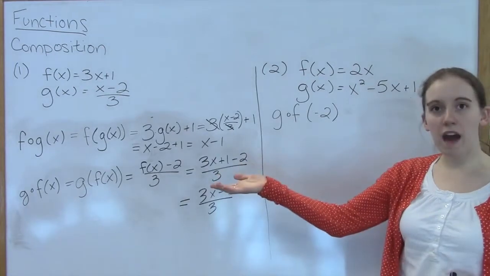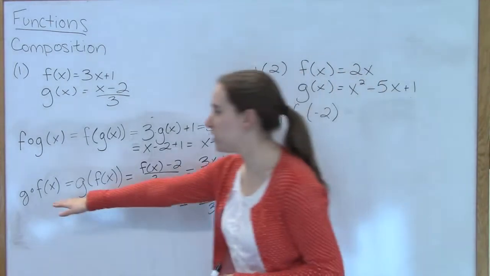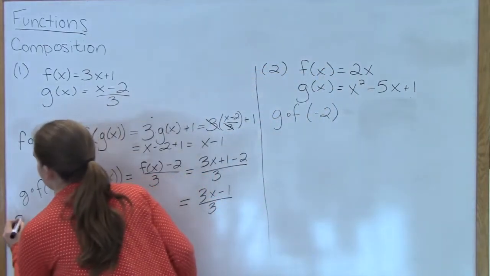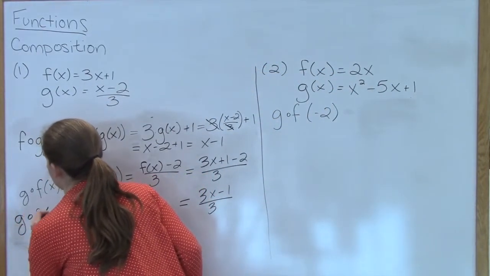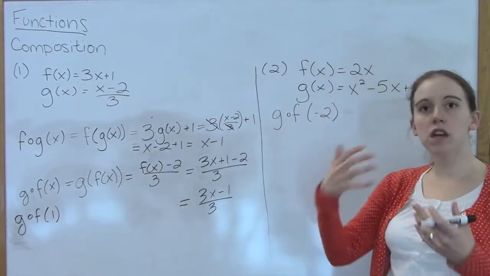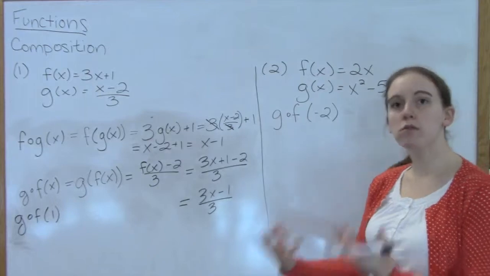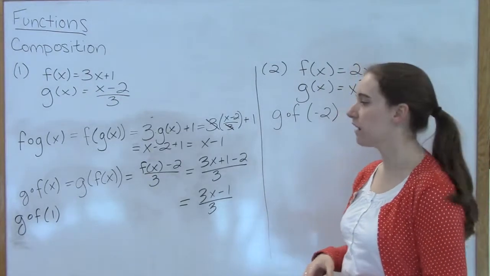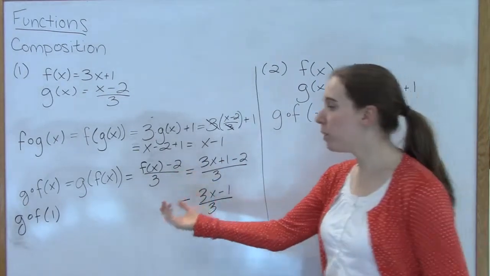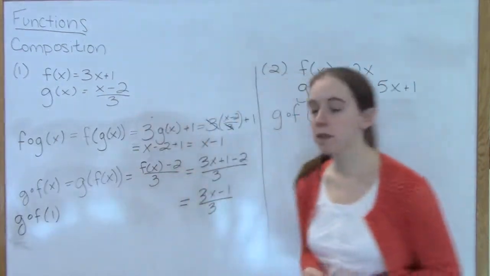So now that we have this nice argument notation for composition, I can write things like this. I can ask you, or we see sometimes, g of f, or g composed with f, of 1 instead of x. So I don't want an equation like this anymore. I want to get the output when I input 1.